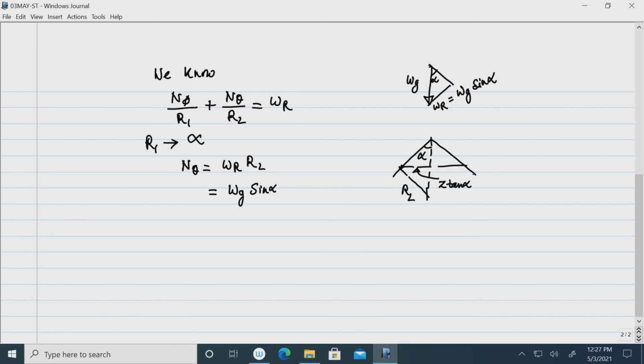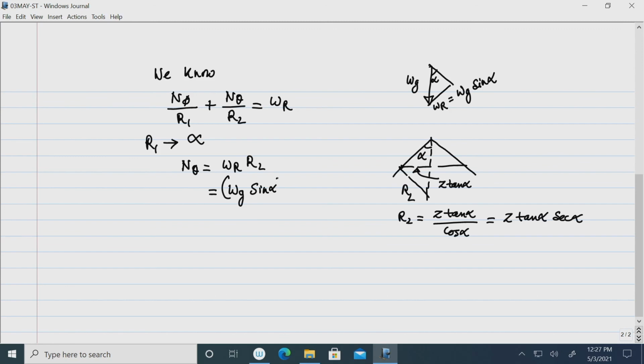So, naturally r2 is z tan alpha by cos alpha. So, we can write r2 as z tan alpha secant of alpha.